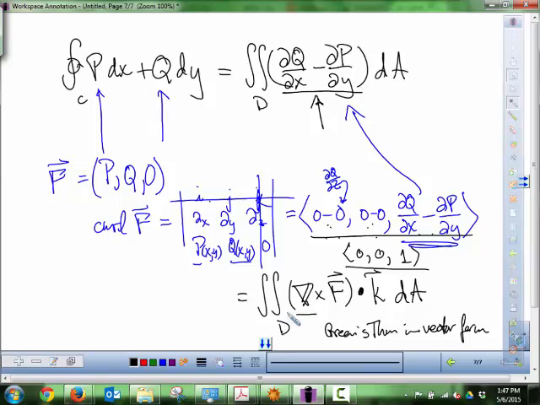So it looks like the integral of a derivative is actually equal to one less integral of the original function evaluated at the boundary.